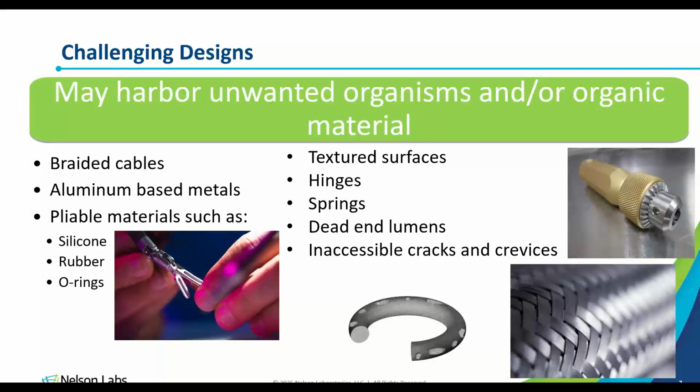There are items like braided cables, aluminum-based metals, and pliable materials such as silicone and rubber. O-rings represent challenging designs. Textured surfaces, hinges, springs, lumens and dead-end lumens, and just overall any inaccessible cracks and crevices. These are pretty common challenging areas that may harbor unwanted organisms or other organic material and may be difficult to clean.